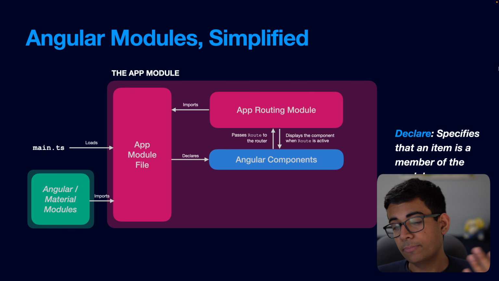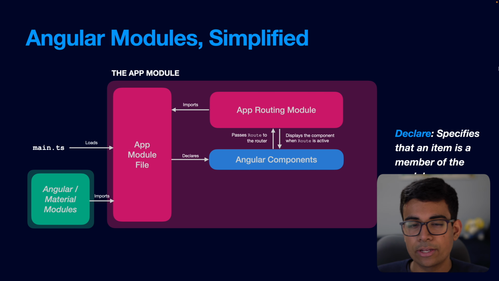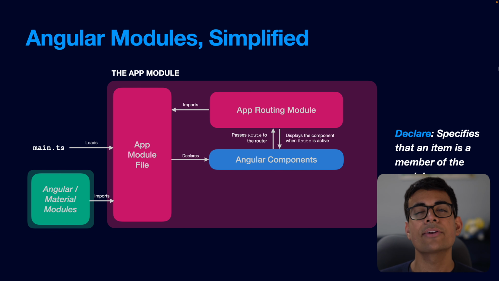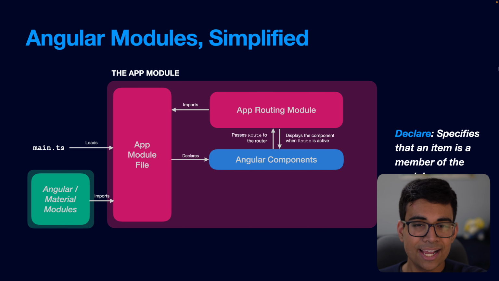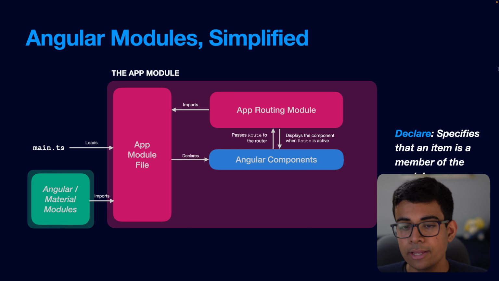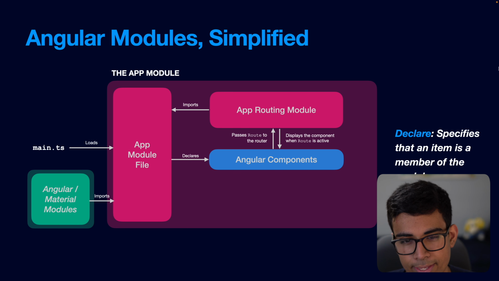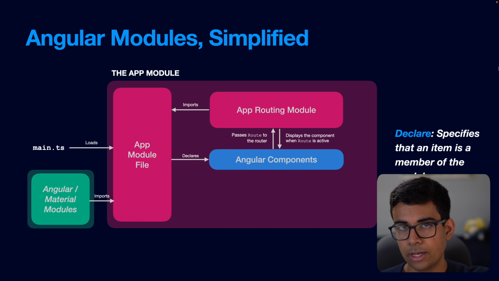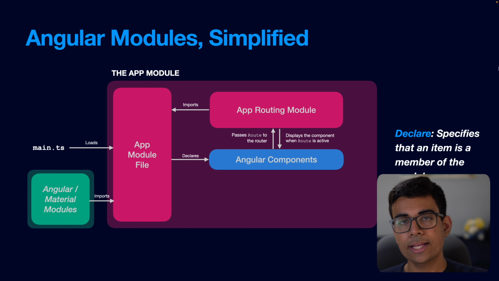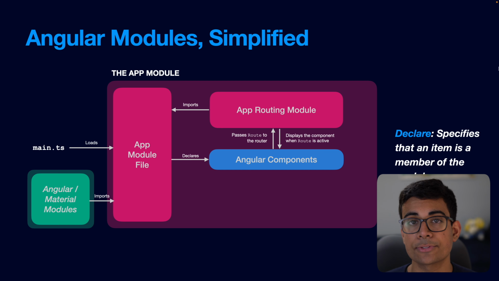Also, another interesting note that I'm adding with these arrows is that, remember, in that diagram we had our router and our component, and those two arrows where our component supplies a static route property to the router, so that the router knows when to show the page. That is also displayed in this diagram here. So you can see that it's the same thing as before. The component passes a route property to the router, and whenever the user types in that correct URL, it then displays the page. And that is still the same.